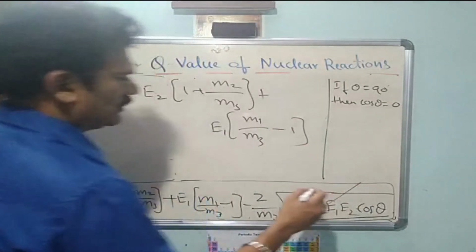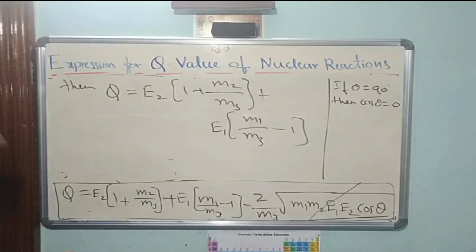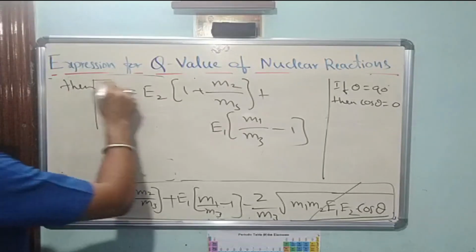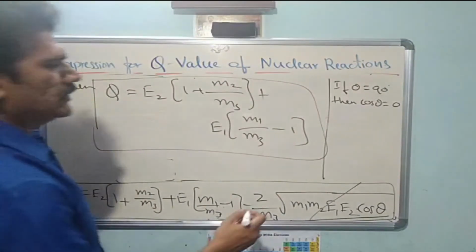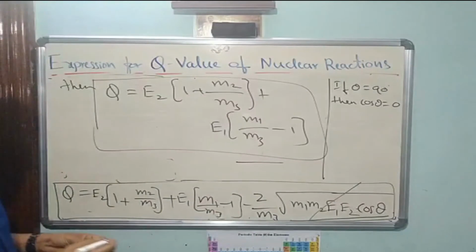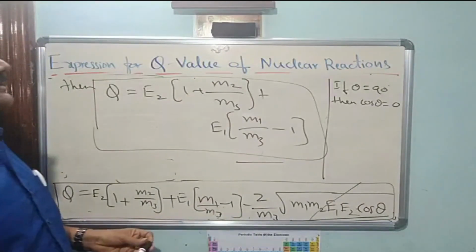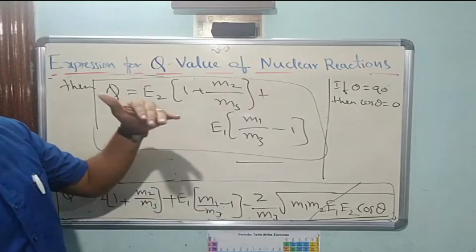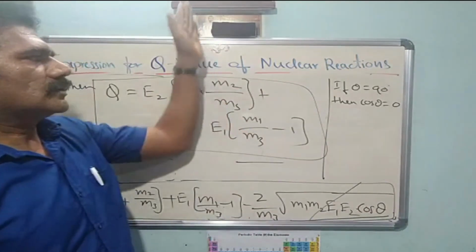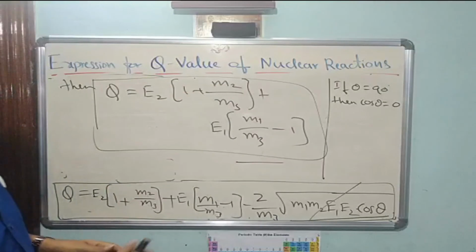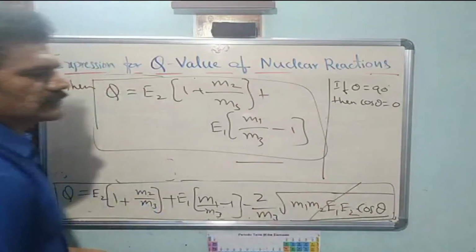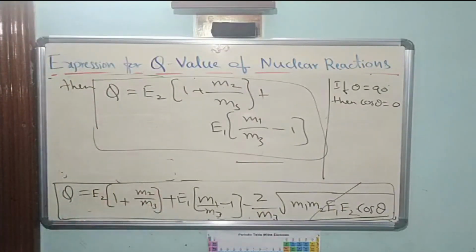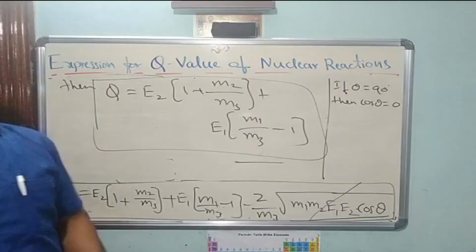This is the amount of energy released as the Q value when the ejectile is moving exactly perpendicular to the projectile. Otherwise, this is the general equation for calculation of the Q value.